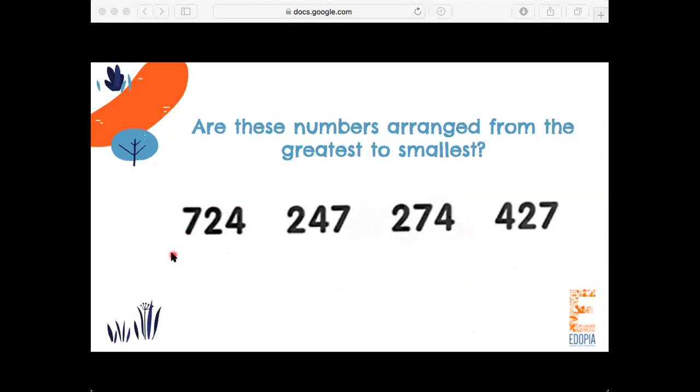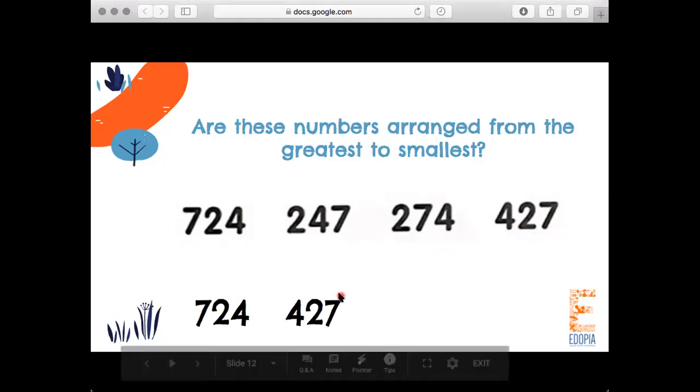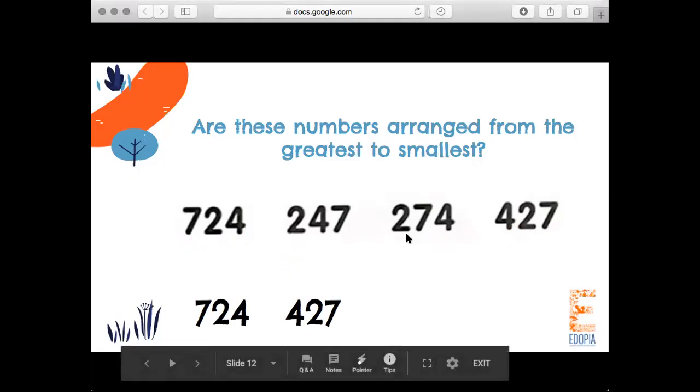Let's do it in a decreasing order, from greatest to smallest this time. 700 being the greatest means that 724 is the greatest number. 4 being the smaller number means that it would come next. So the smaller number is 427.